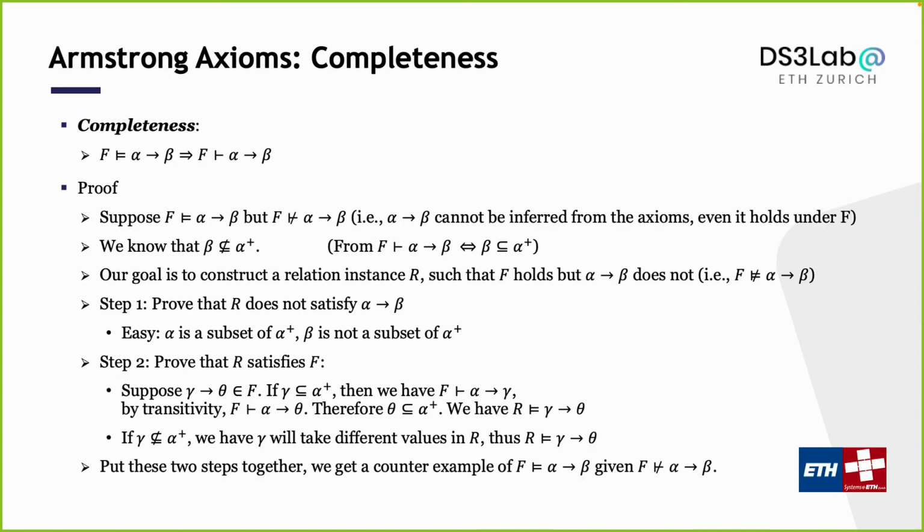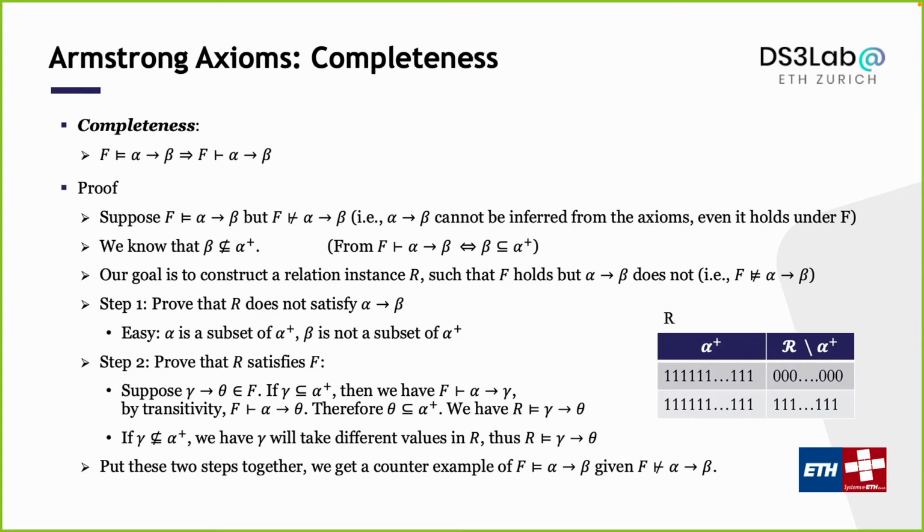Now the complete proof, we are not going to go through this, but when you go back home, try to read it. It should be pretty easy to understand. All you have to do is suppose that you have an inference rule, alpha to beta, that holds semantically, but you cannot derive it.